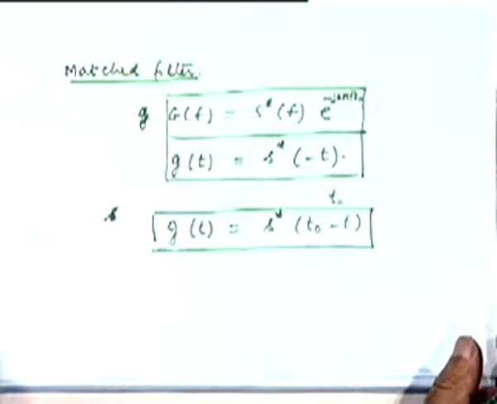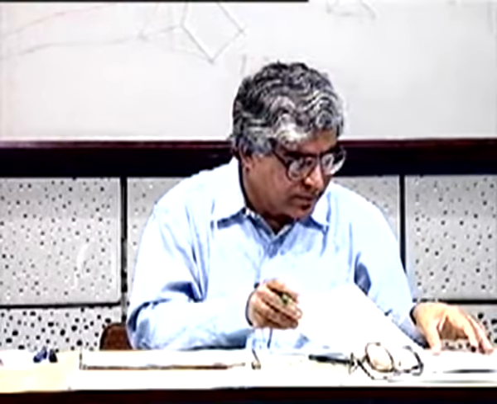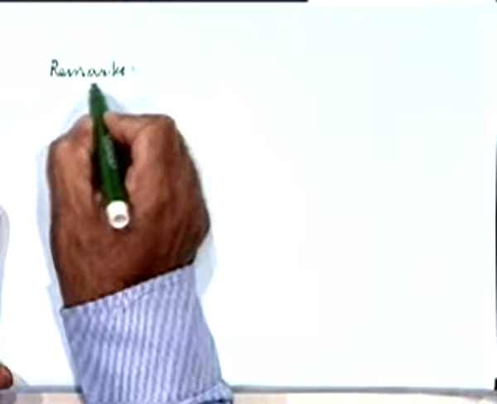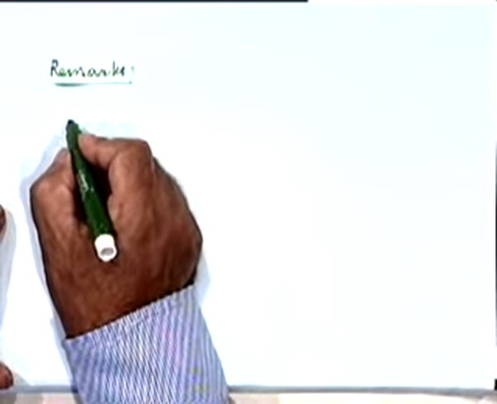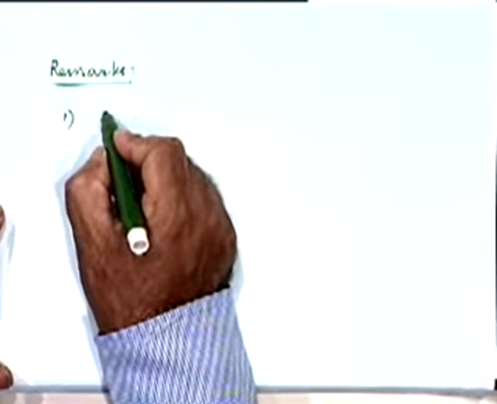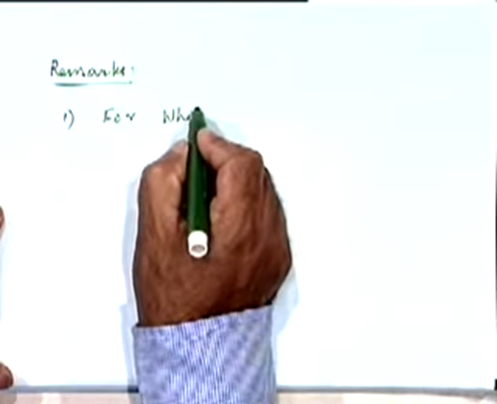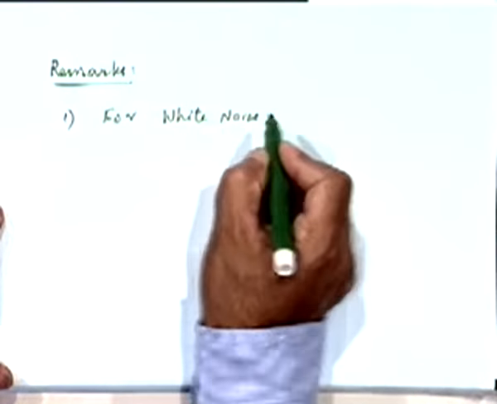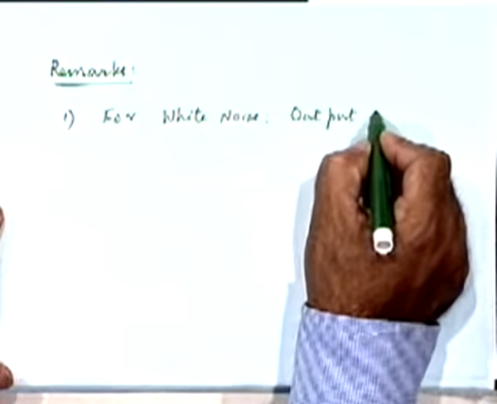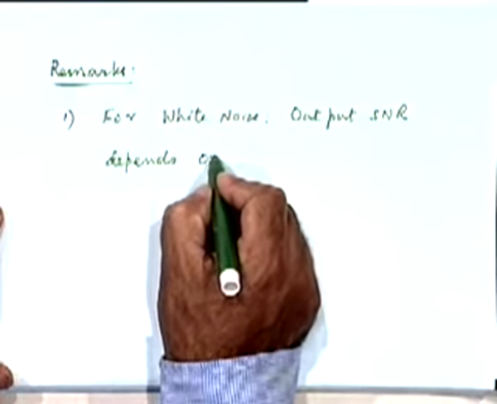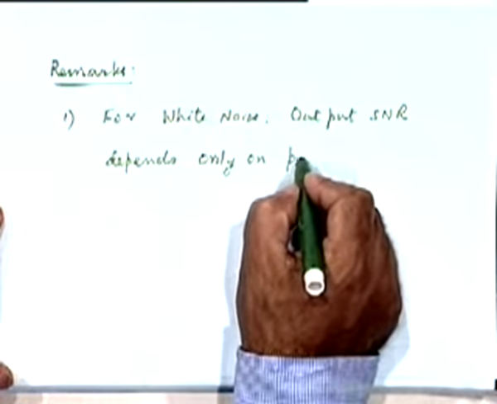Let's take a few examples. Now, before taking an example, a few other remarks. So first remark, if you remember, for the case of white noise, the output SNR depends only on pulse energy, right?